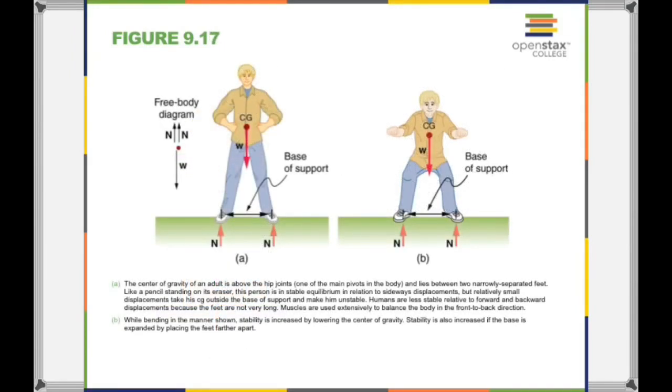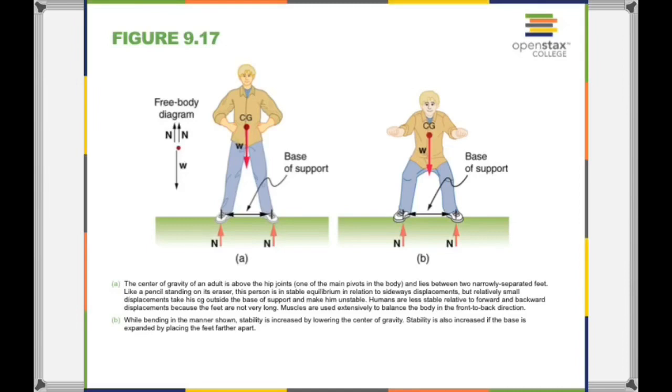One last thing which is very important talking about stability is that in order to increase the stability, two things could be done. Number one, the center of gravity could be lowered. As you can see, when this person bends, the center of gravity shifts downward, and so the closer the center of gravity is to the ground, the more stable the object is.